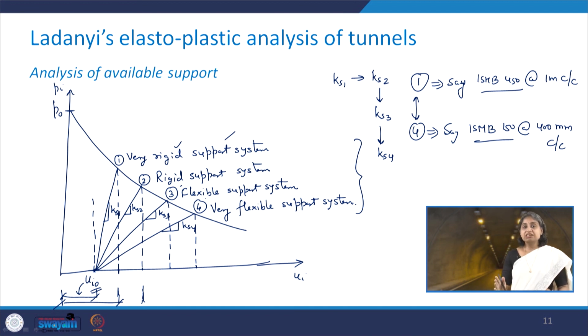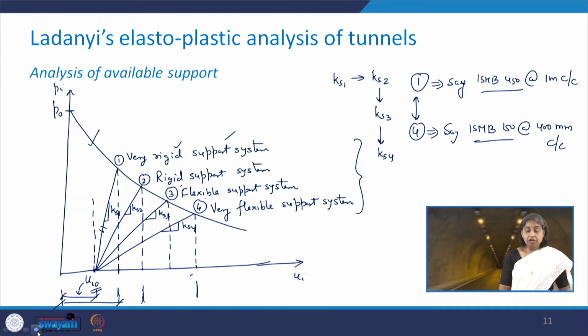So, the point I want to make here is that the moment you start reducing the stiffness, the resulting deformations are going to be larger as compared to a support system which is stiffer in nature. So, this is how we can draw the combined ground response curve and the support reaction curve.